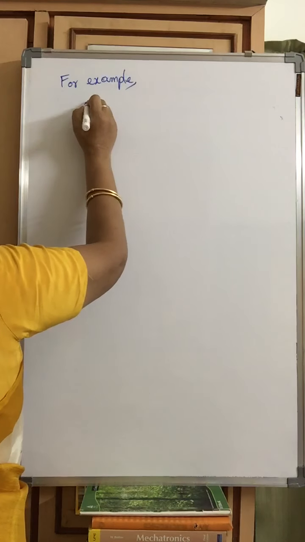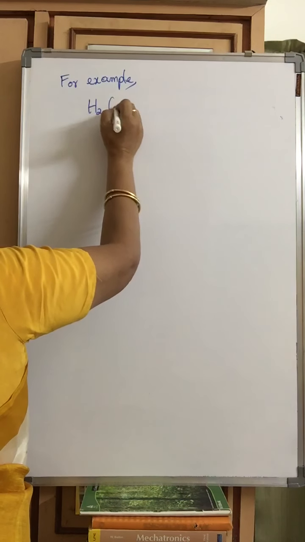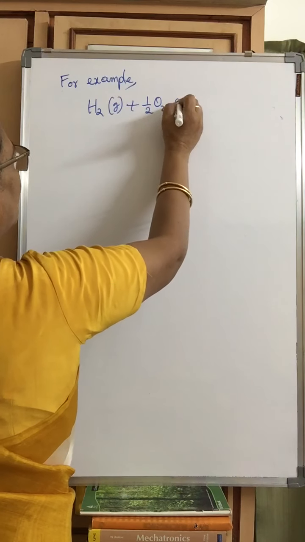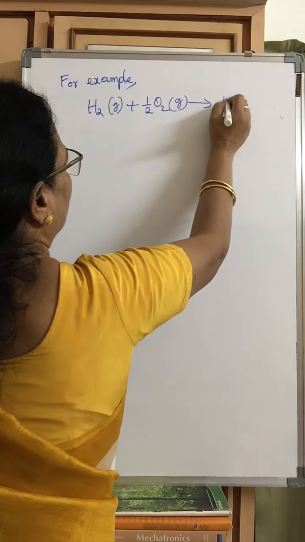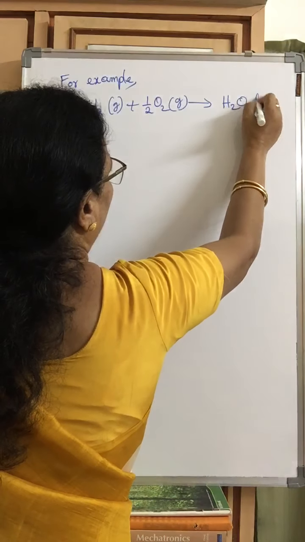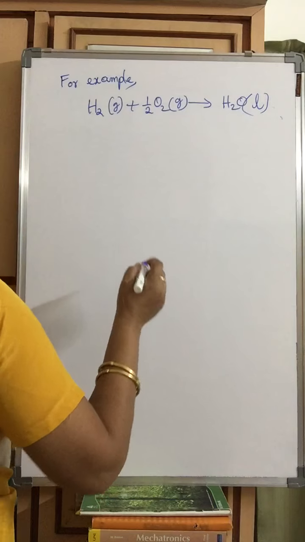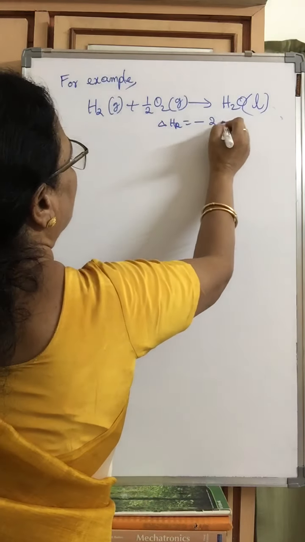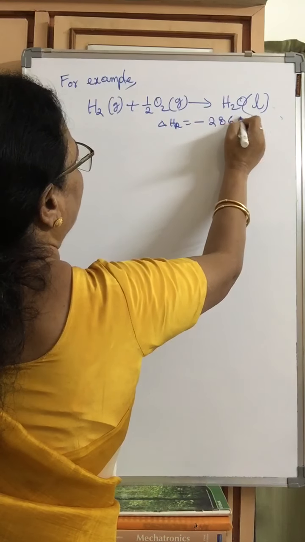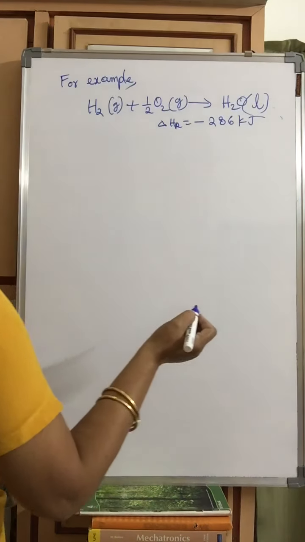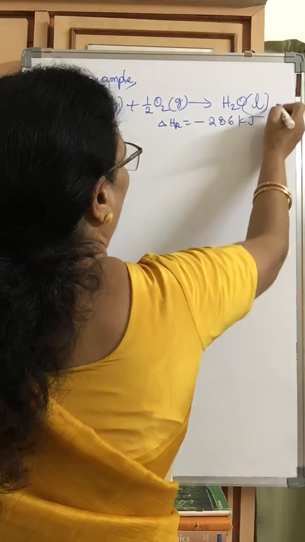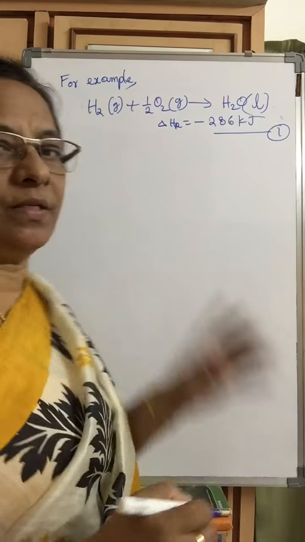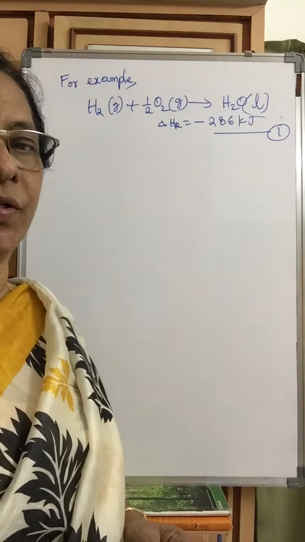For example, consider this reaction: H2 gaseous form plus half O2 gives H2O liquid, delta HR equal to minus 286 kilojoules. Let it be equation 1. Now what do we understand from this reaction?